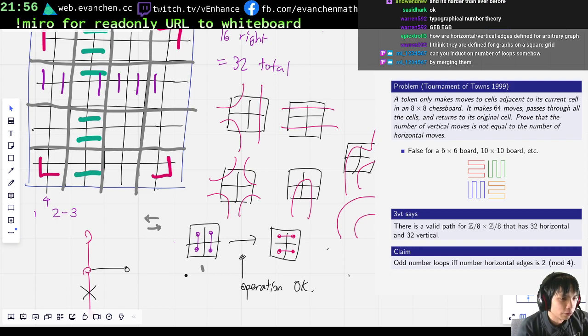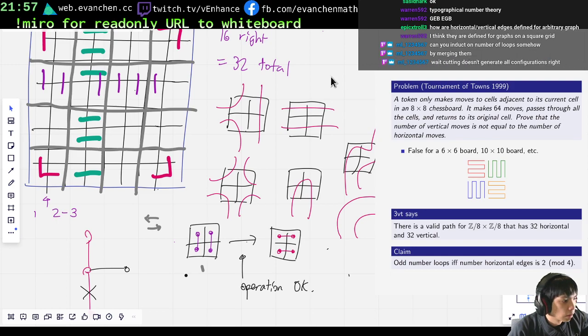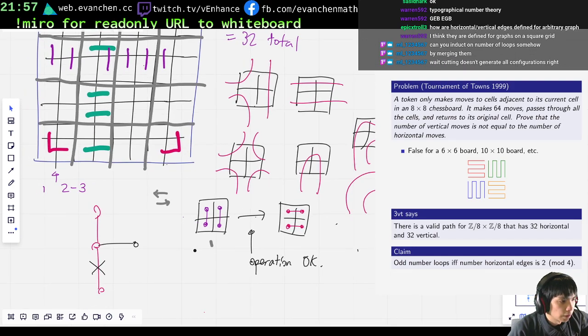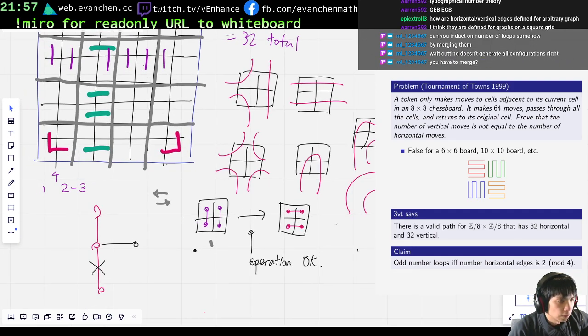By merging them, I think you want to go the other way. I think you want to make a lot of loops. But the point is, cutting doesn't generate all configurations. You have to merge. Sure.